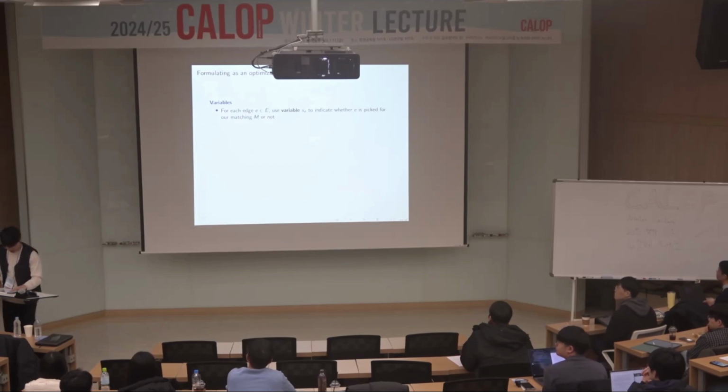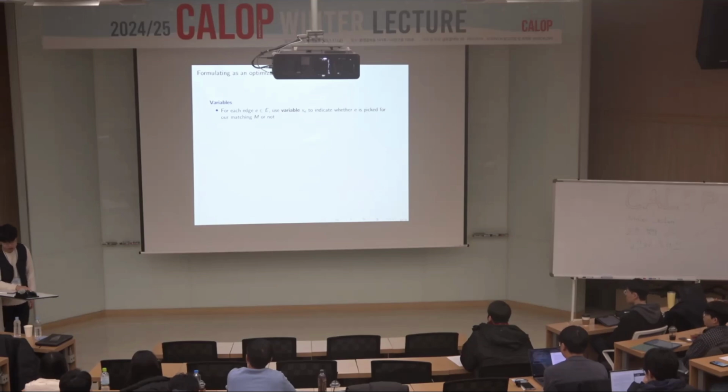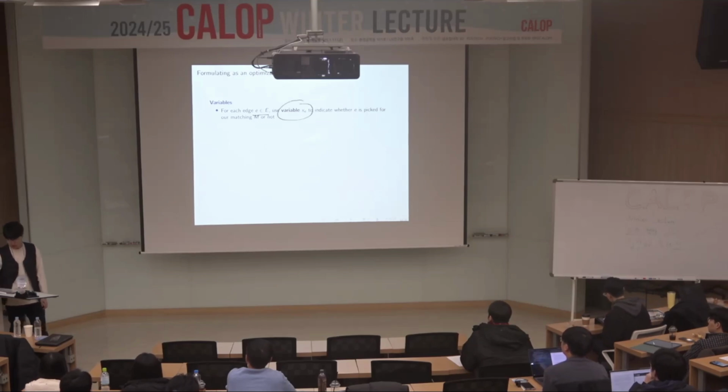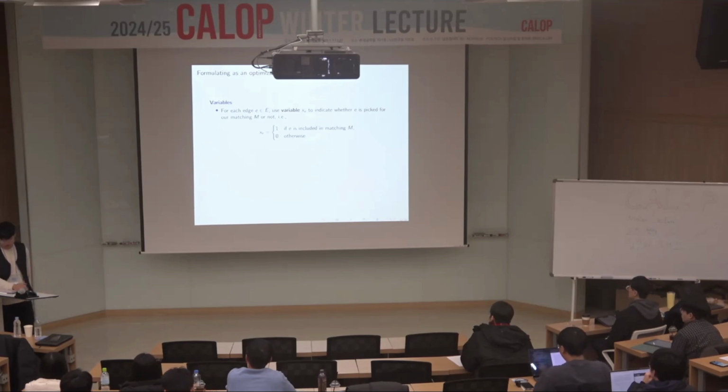So what is linear programming, or what is an optimization problem? Let's go through that one by one. To define an optimization problem, we need to define some decision variables. So on each edge e, we take a variable x_e that indicates whether this edge e is part of my matching or not. This variable will have value 1 if I decide to include this edge e in my matching M, or 0 otherwise.